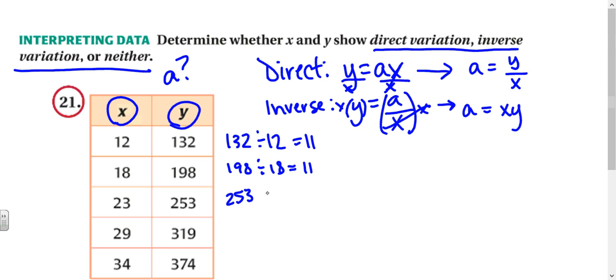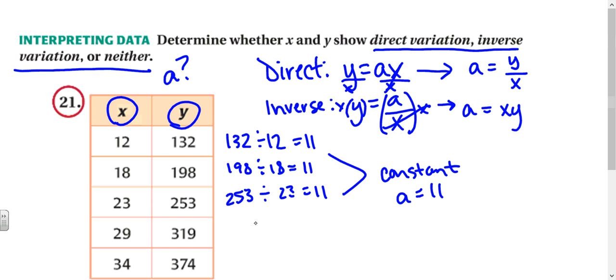And so you kind of get the picture here. There is a constant, sorry, this is kind of messed up. The constant of variation is 11. Now, I got that by dividing the numbers, so this is actually a direct variation equation.